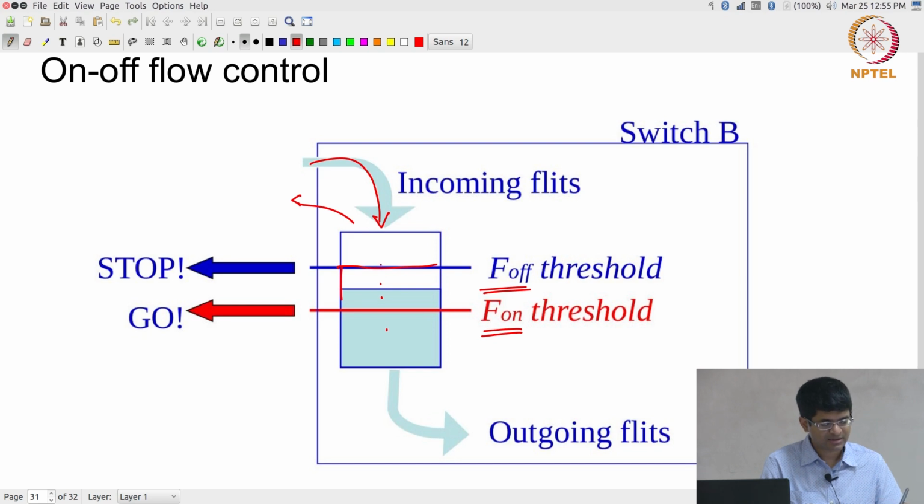The problem is, let's say that I drop below that and immediately the other unit starts sending data again. Potentially I might end up with the situation where I am just turning it on, off, on, off, on, off. Instead what we say is I will provide a slight hysteresis, let the other side clear out some data, to prevent this sort of jumping between stop and go continuously.